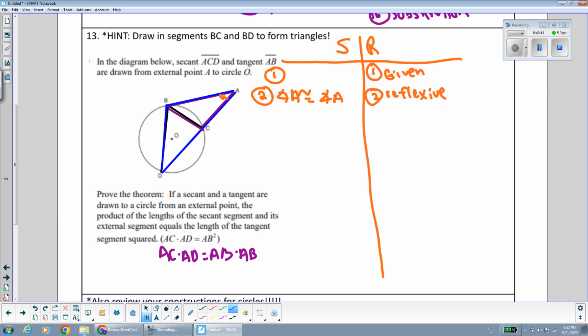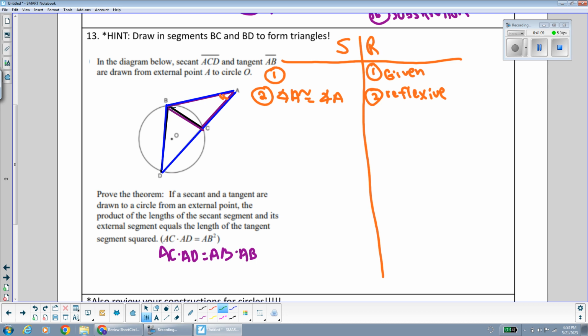So now I need to find another angle that's the same in the big triangle and in the small triangle. Let's figure this out. Oh, so I see here that this angle, since it's formed by a tangent and a chord, would be half of its intercepted arc, kind of like an inscribed angle, right?